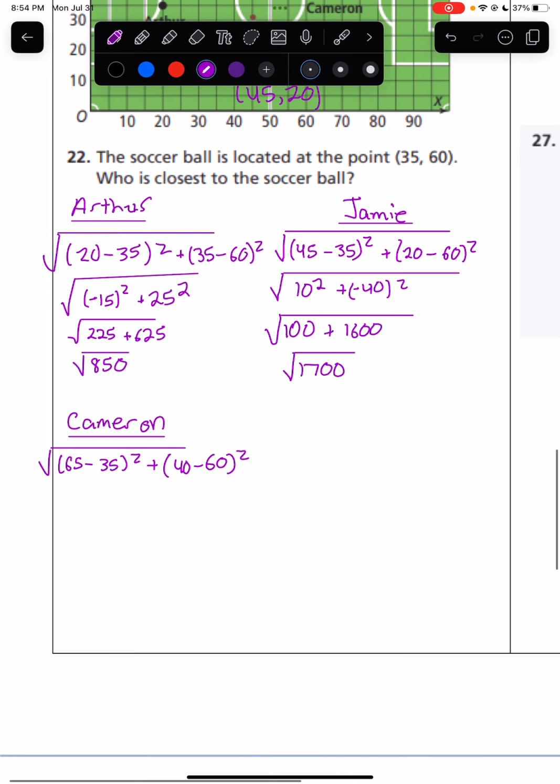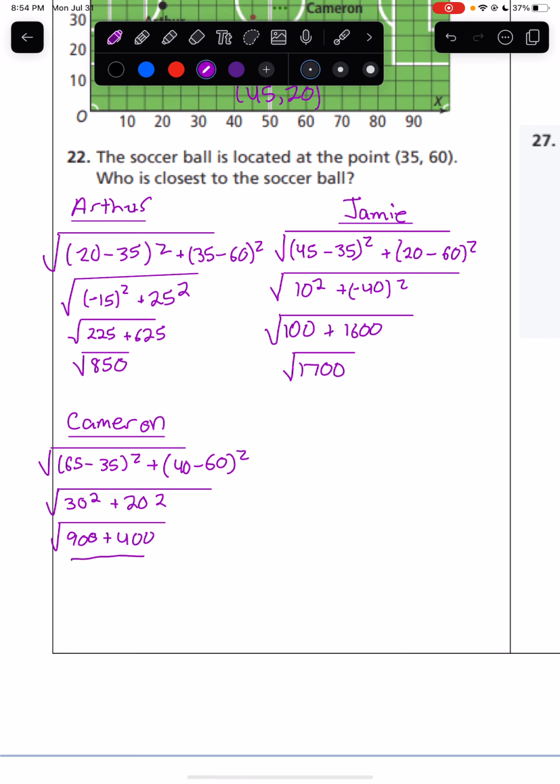And that's going to be then the square root of 30 squared plus 20 squared. And that gives us the square root of 900 plus 400, or finally the square root of 1300. So when we compare all those distances to the ball, of course, that means that Arthur is closest.